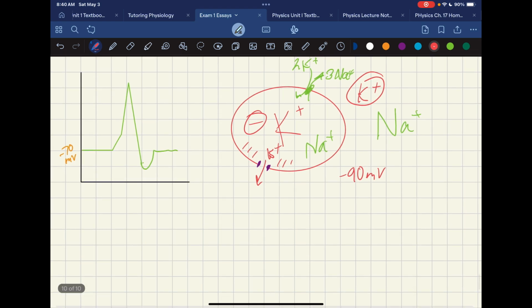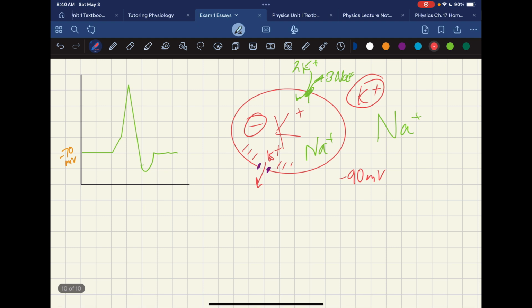This leads to no net movement of K. Keeps us pretty stable at negative 70, like we talked about before. And a huge thing here is these leak channels that we talked about. They are pretty huge for this first part in establishing RMP, because RMP, the base right here, where our cell likes to hang out, is established on these principles of potassium leak channels.